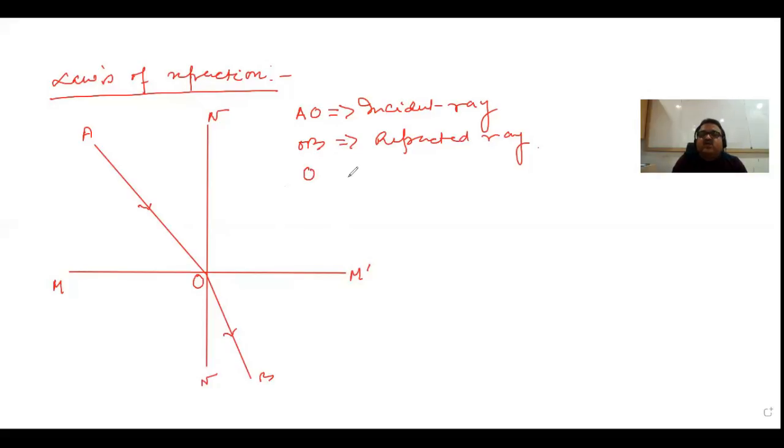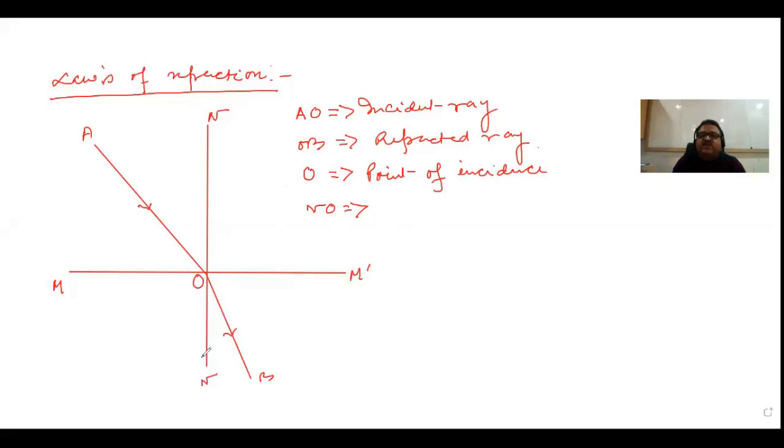O is called the point of incidence. And NO is called the normal.